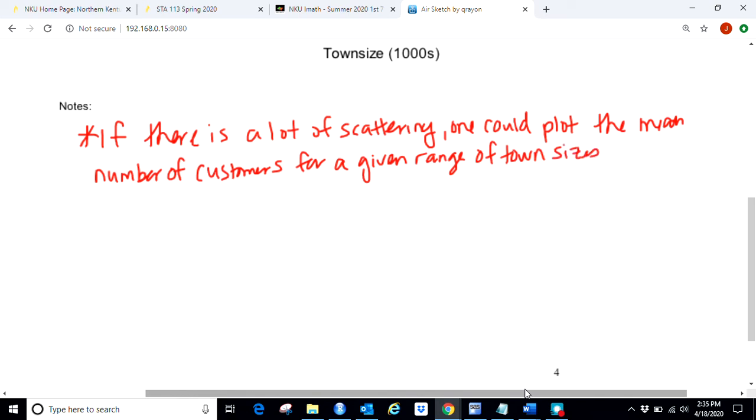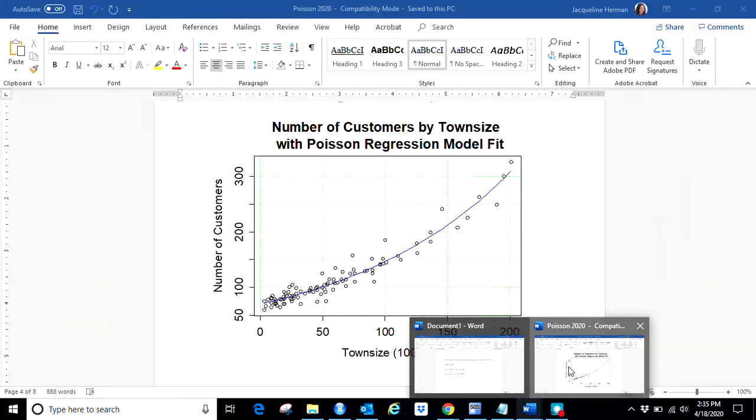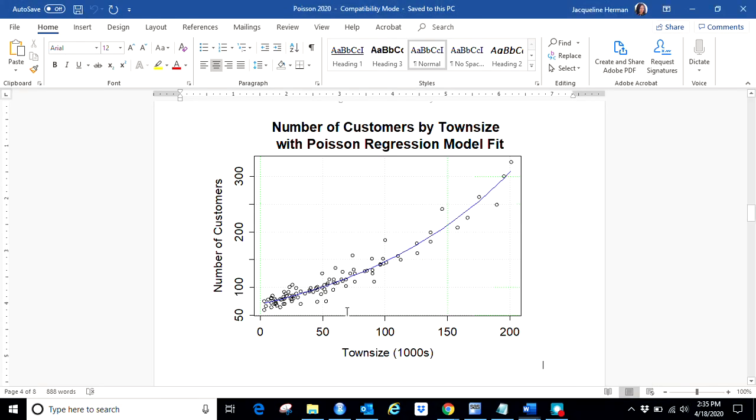So for example, maybe I would plot the mean between 0 and 10,000 people, maybe between 10 and 20,000 people, etc. Now, why would I want to put a range on this instead of just using each individual value? Odds are I'm not going to have a lot of the exact same town size.